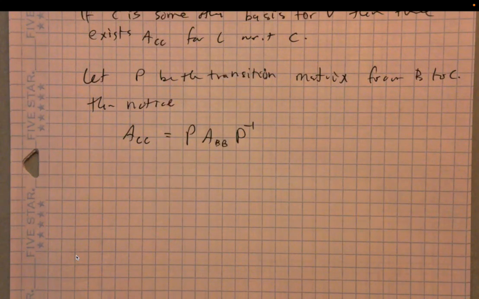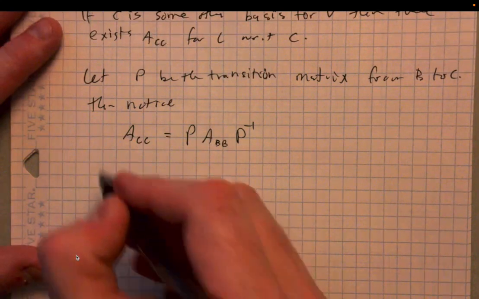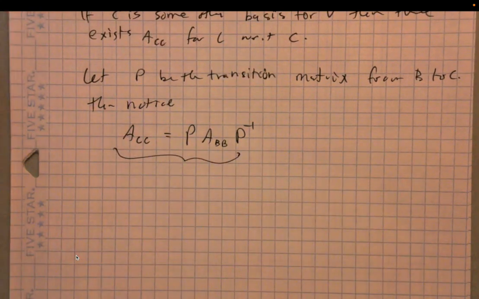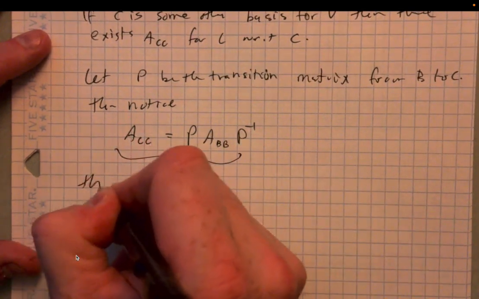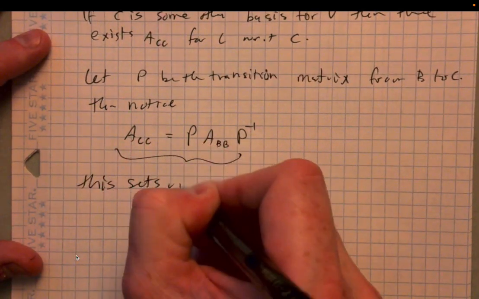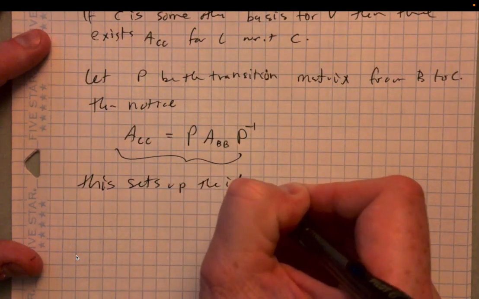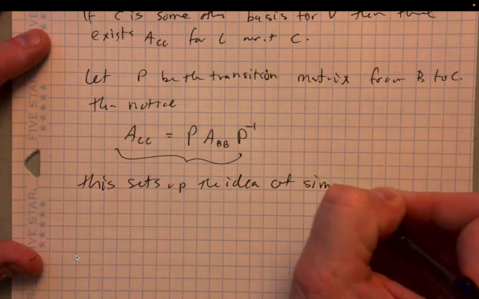P is just the transition matrix from B to C. This sets up the idea of similarity for matrices.